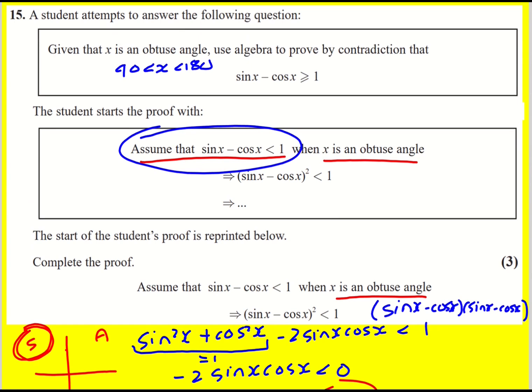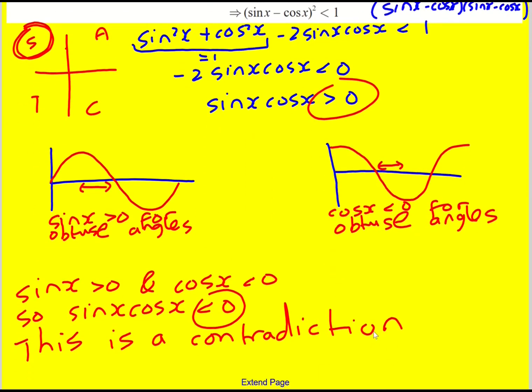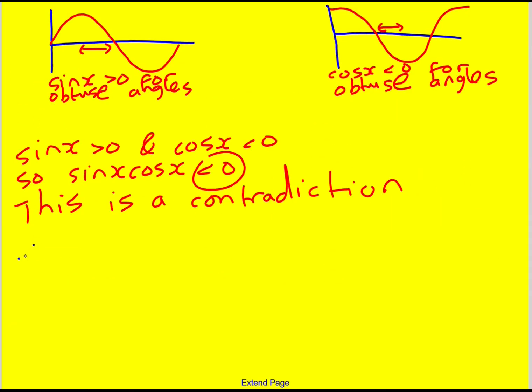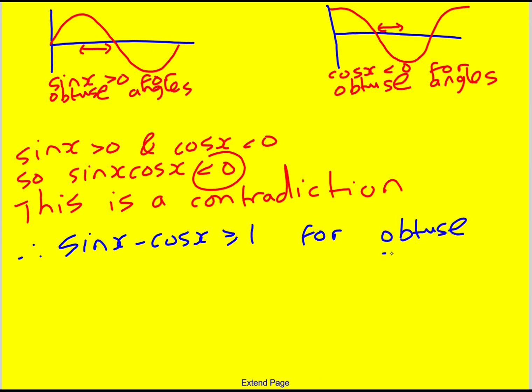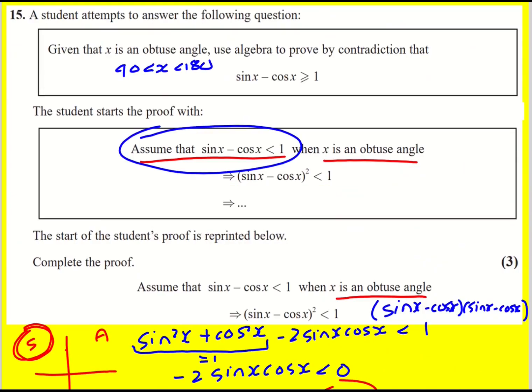So therefore we can make the opposite conclusion, that sine x minus cos x is greater than or equal to 1 for obtuse angles. Okay, so slightly different, but we're still using the main ideas of proof by contradiction, starting with an opposite assumption and trying to get a contradiction.